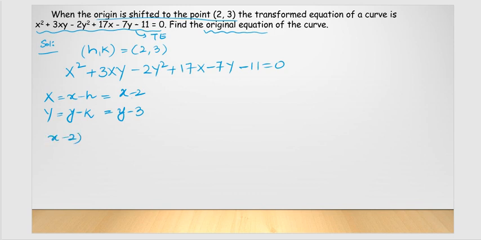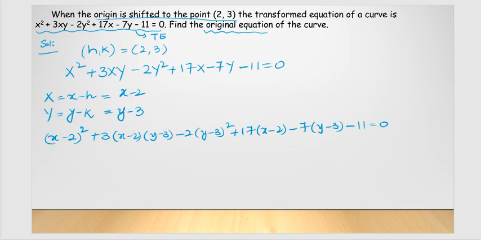So x minus 2 whole square plus 3 times of x minus 2 into y minus 3 minus 2 times of y minus 3 whole square plus 17 into x minus 2 minus 7 into y minus 3 minus 11 is equal to 0.